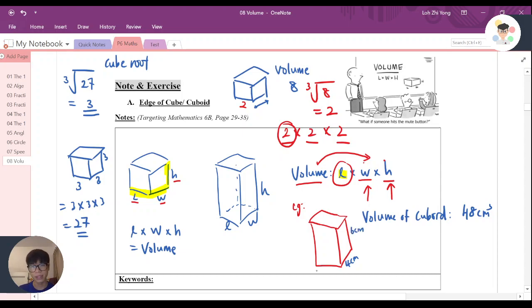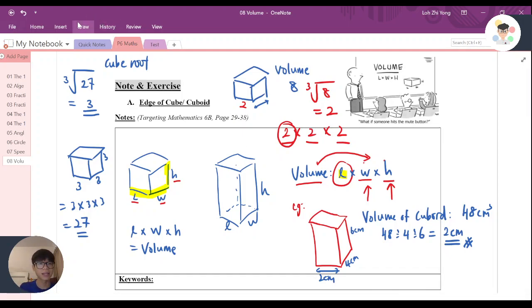Now, find the length of the cuboid. So what you need to do is use 48, divide by 4, divide by 6, then you'll find the answer. In this case, 48 divided by 4 is 12, and 12 divided by 6 is 2. So it's 2 cm. Something very simple, and I hope you must know it.